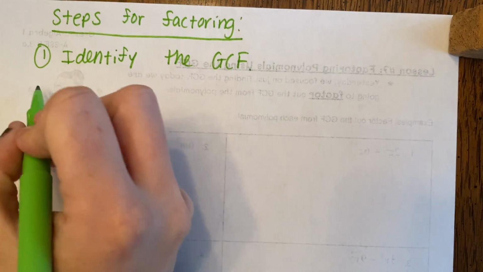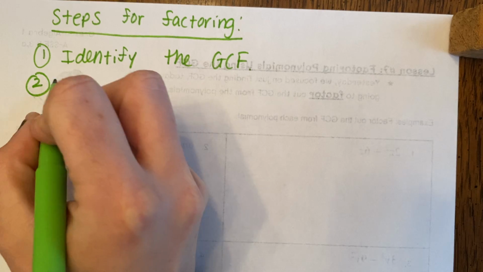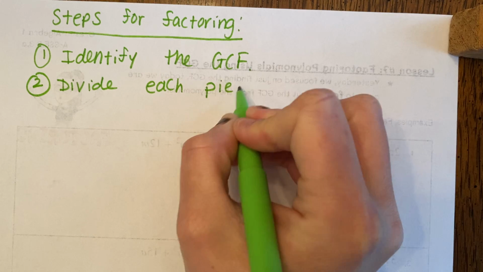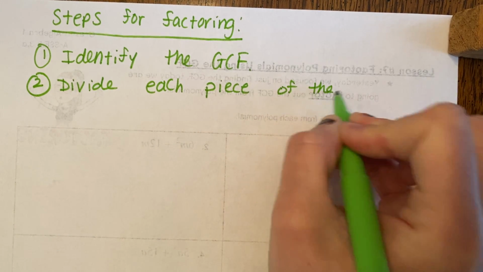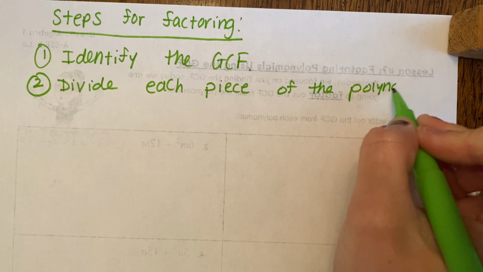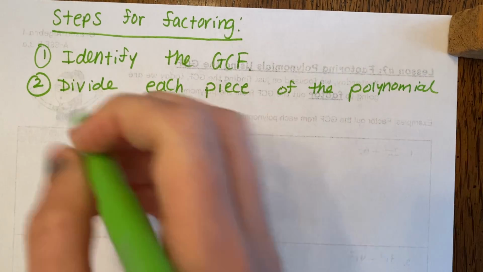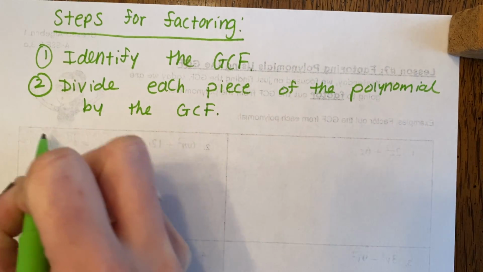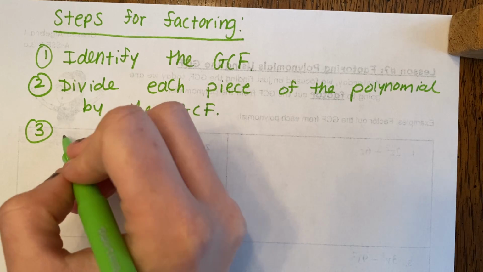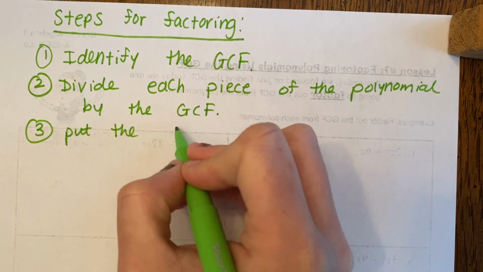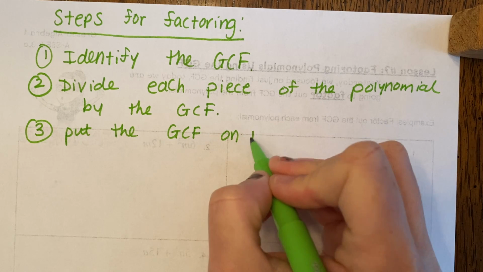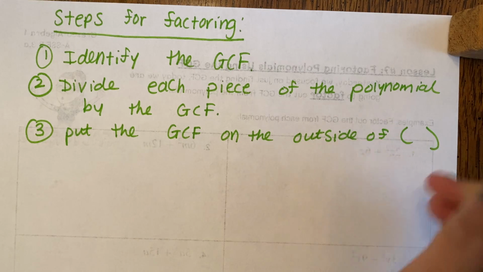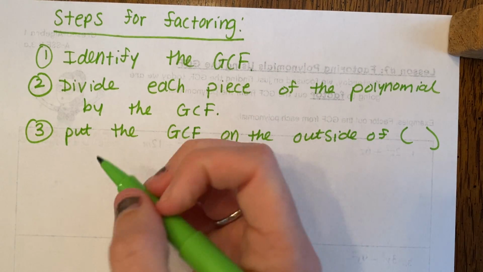Step two, I want to divide each piece of the polynomial by the GCF. Step three, I'm going to put the GCF on the outside of my parentheses. So the GCF is going to go on the outside of the parentheses.